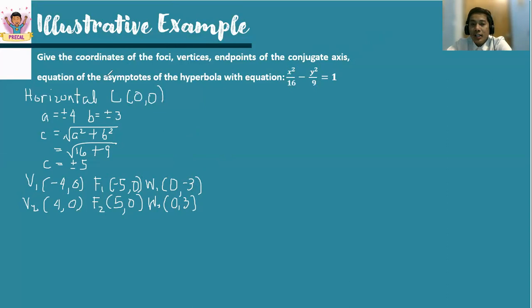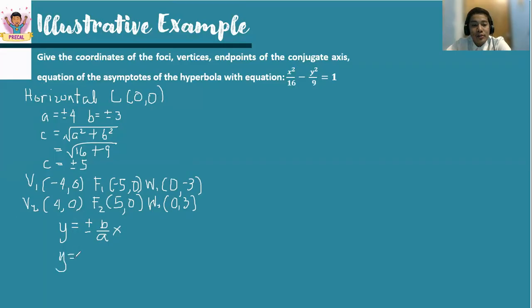And lastly, let us solve for the equation of the asymptotes. Remember that the equation of the asymptotes is y is equal to positive negative b divided by a times x, which is only true for horizontal hyperbolas centered at 0, 0.